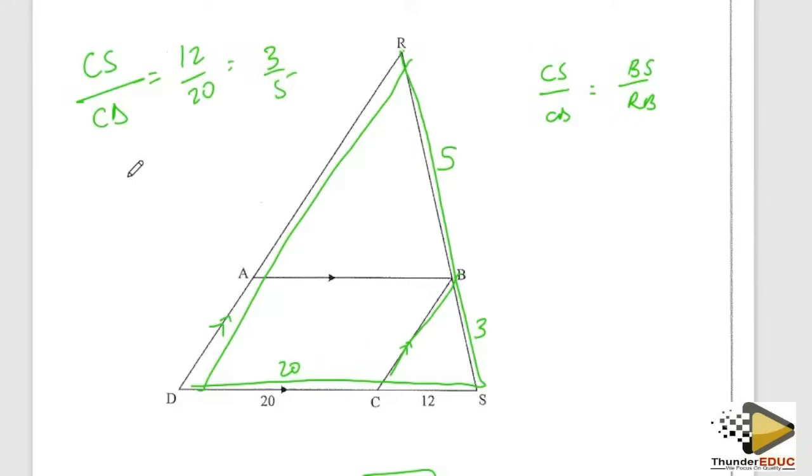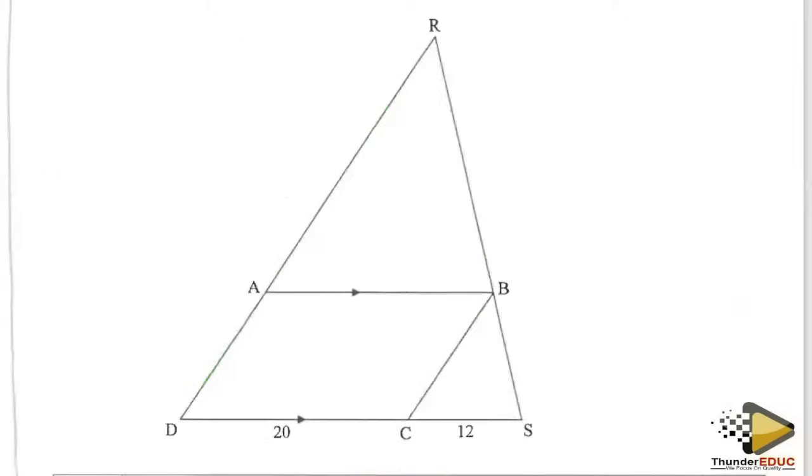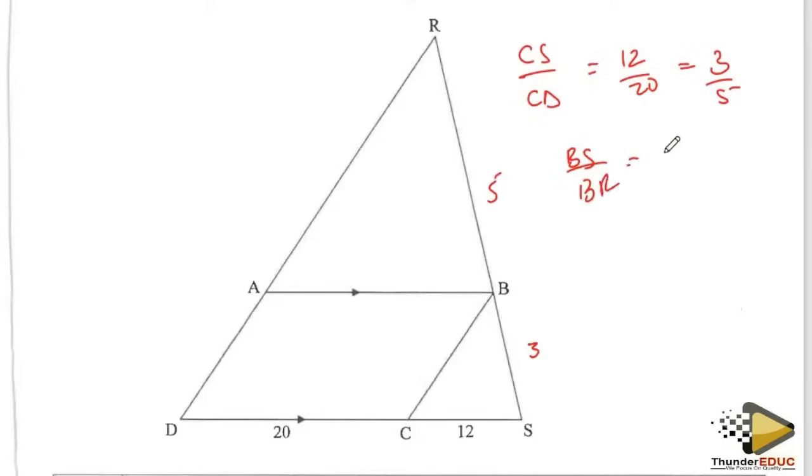And then we know that BS over BR is also going to be the same as 3 over 5. So I'll just write CS over CD is equal to 12 over 20, which is 3 over 5. And then we're saying that BS over BR is also 3 over 5.